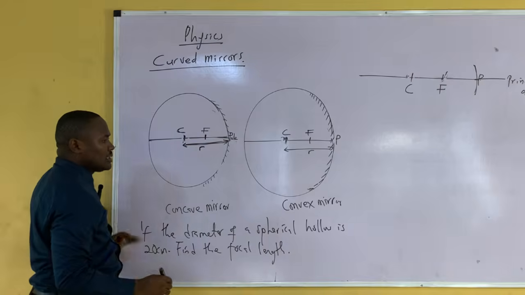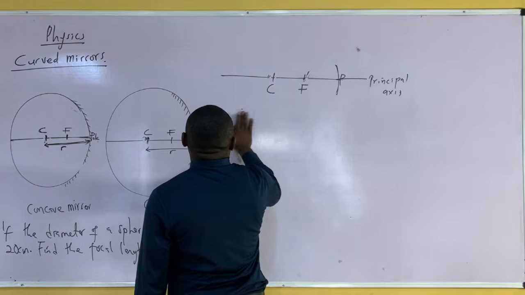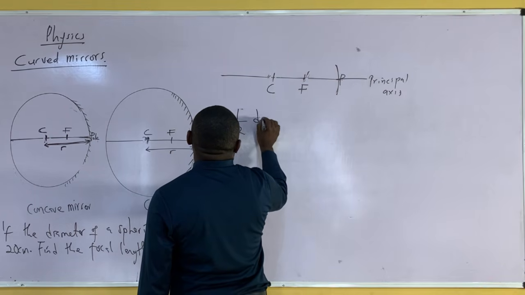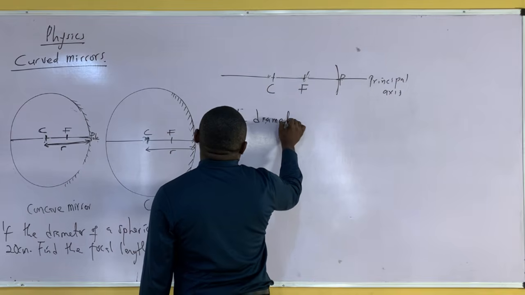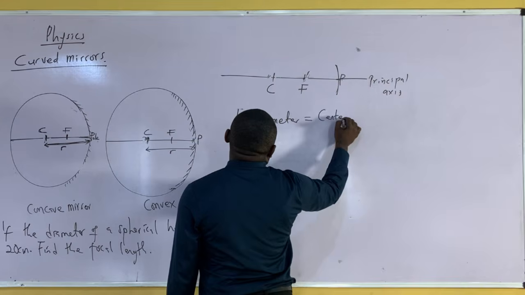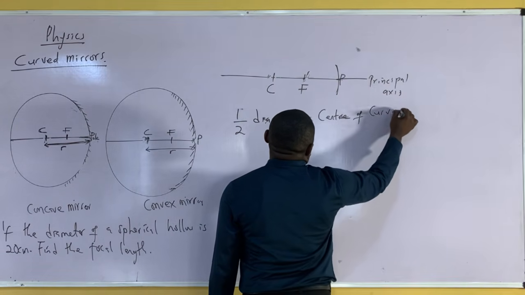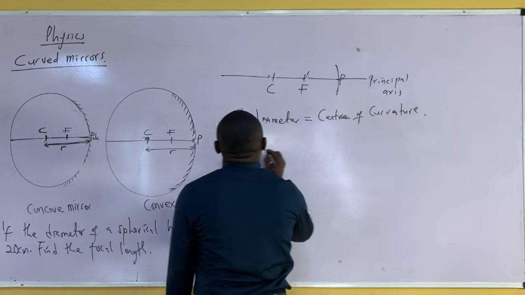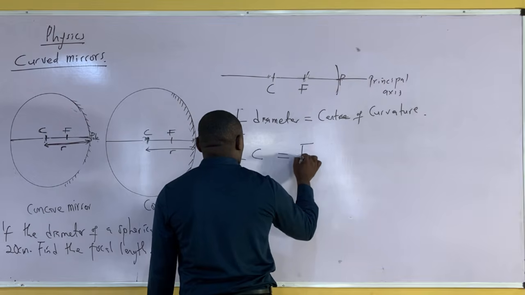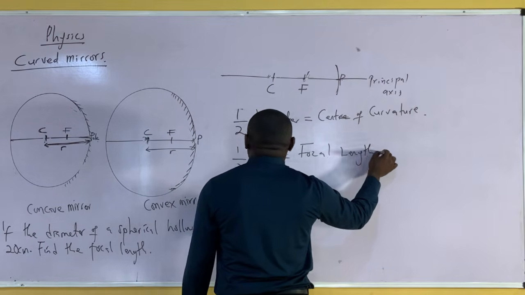So I can boldly say half the diameter equals the center of curvature, then half the center of curvature equals the focal length. So how can this be solved?